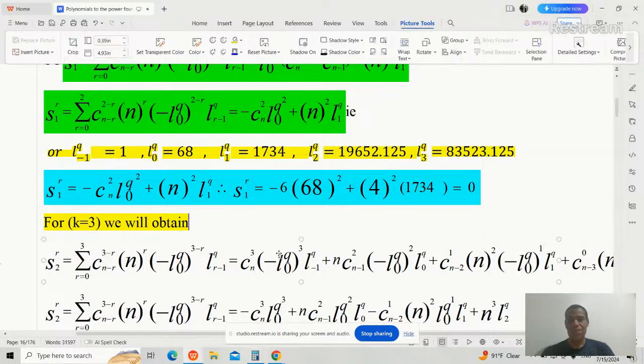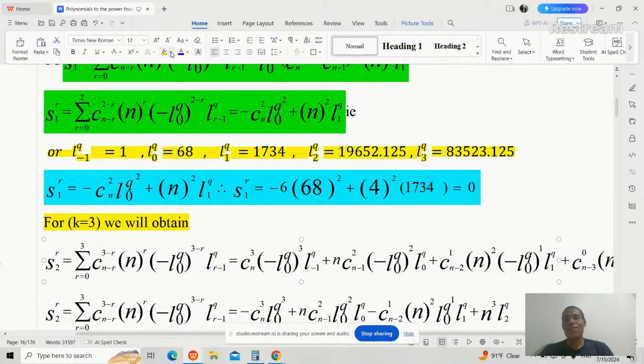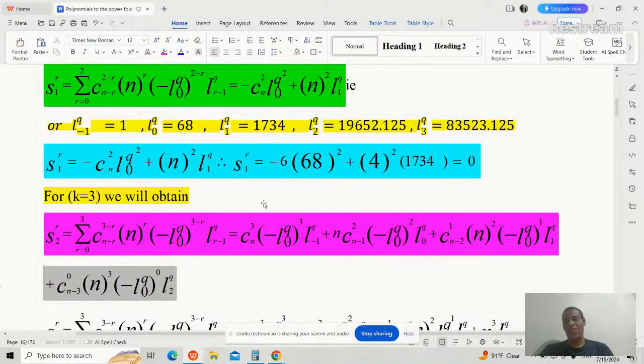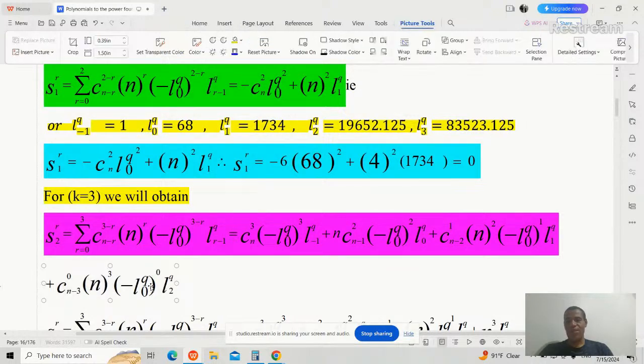Now I will continue, learners. We found the value of S minus 1 is 1, S0 is 0, S1 is 0. We should find S2. To find the value of S2, learners, you have to set k equal to 3 in the discriminant formula of Mourad, of course.